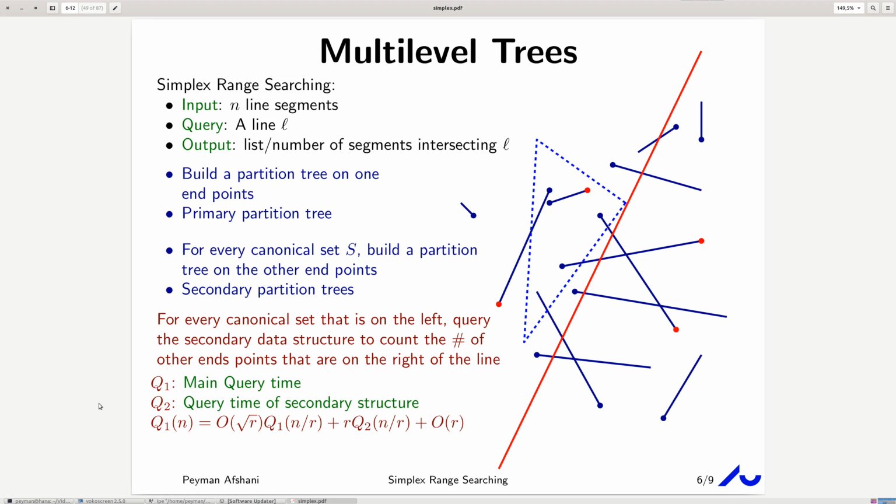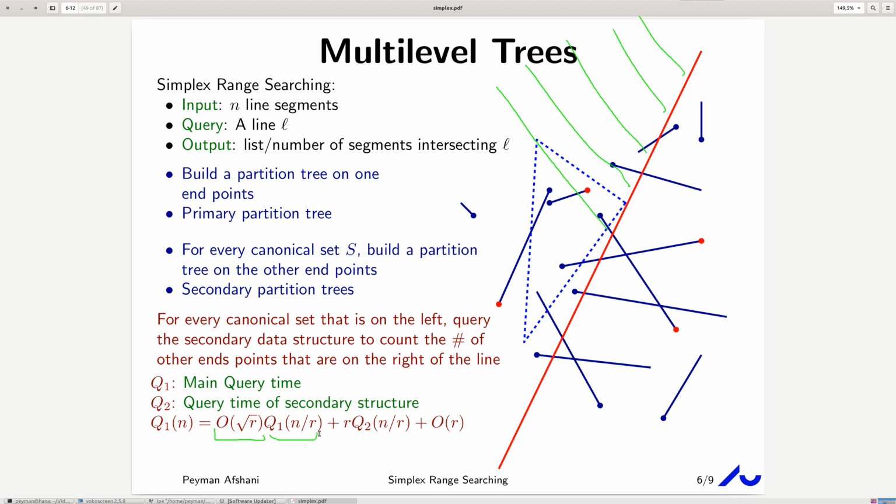So basically, let's say I'm looking at this half plane. I know there are square root n triangles that are intersecting the boundary. For those triangles I do a recursion, just a recursion on the triangles that intersect the boundary.